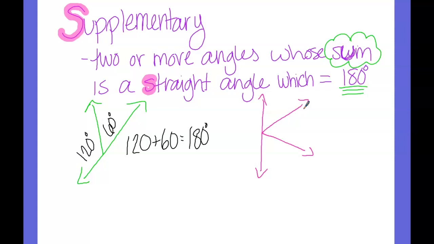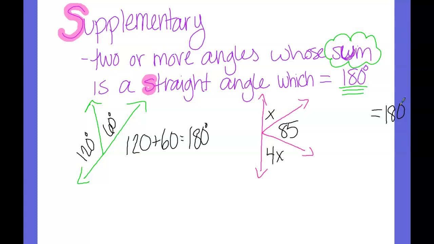So this angle is going to measure x. This one's going to be 85. And then this one right here is going to be 4x. So what do we know about supplementary? I agree, it equals 180. What equals 180 though?